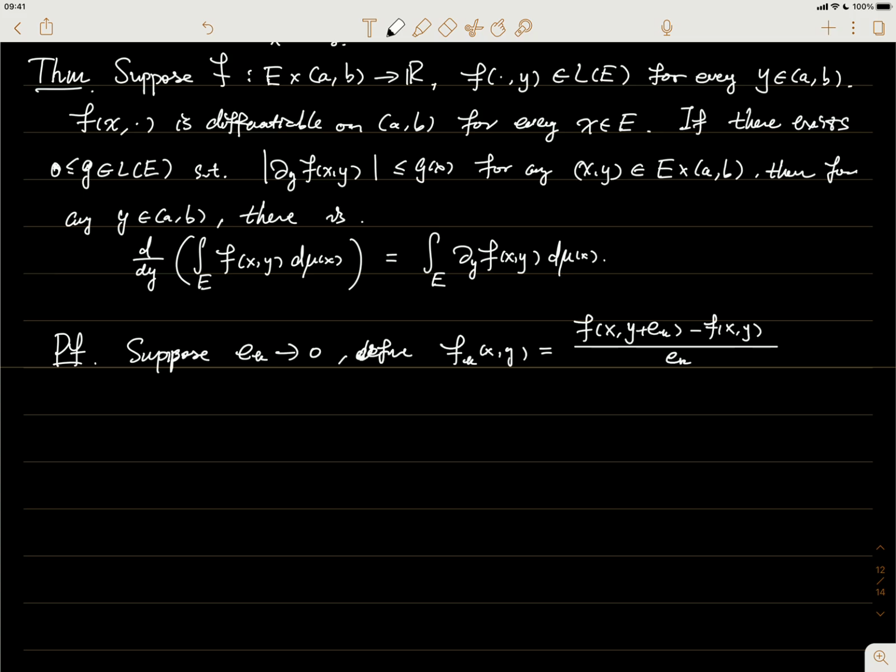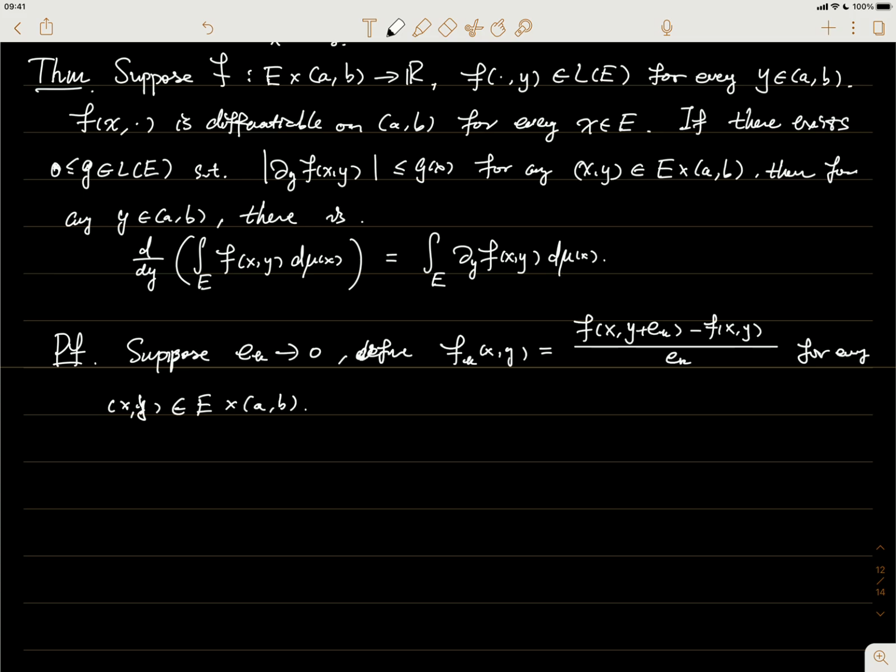So this is the slope of the secant line, for every x and y belonging to the set E and the interval (a, b).